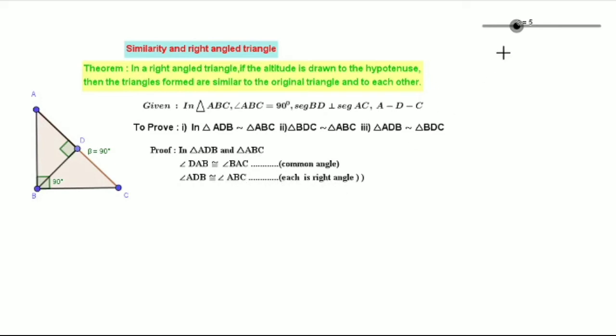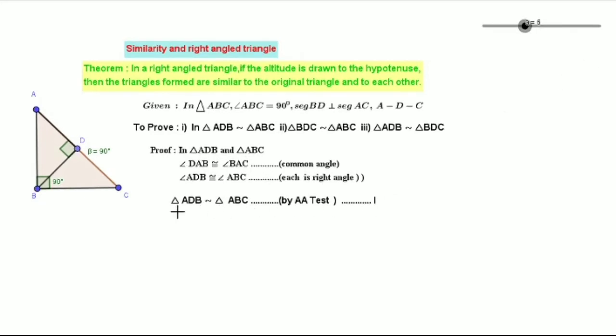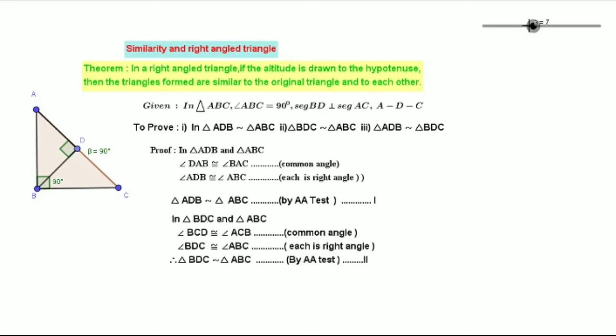So angle ADB is congruent with angle ABC because each is a right angle. So in these two triangles, there are two pairs of congruent angles. If two triangles have two pairs of congruent angles, then these two triangles are similar. So triangle ADB is similar to triangle ABC by the angle-angle test of similarity. This is equation number 1.